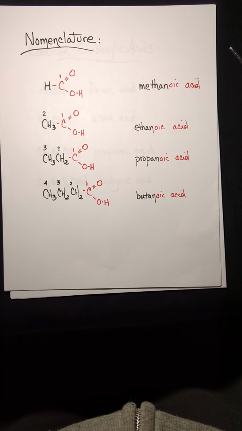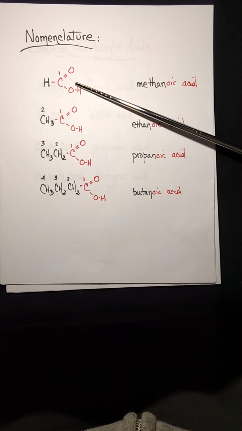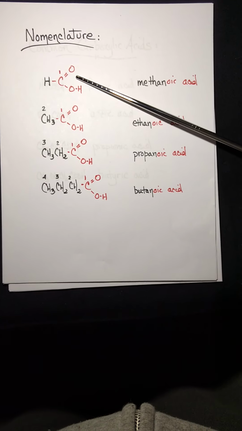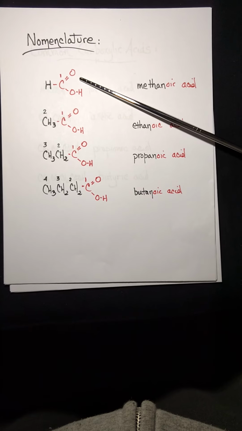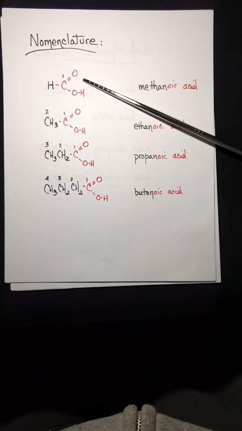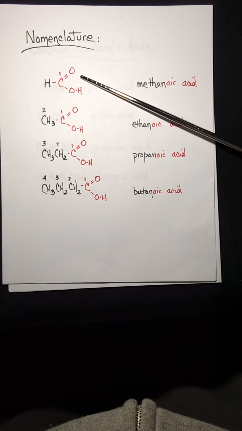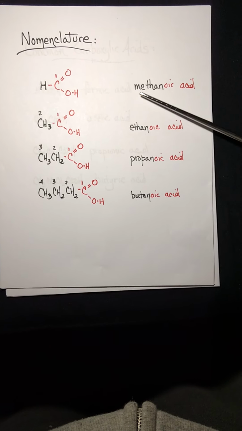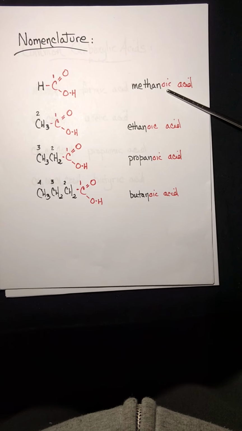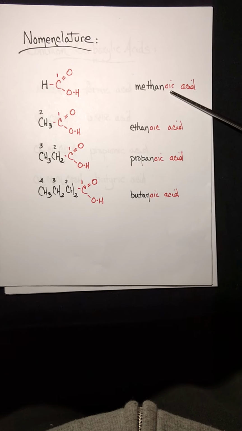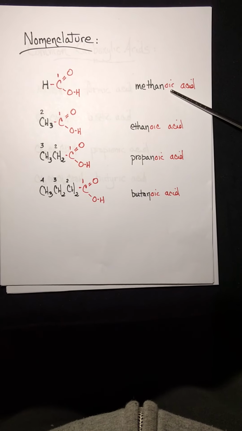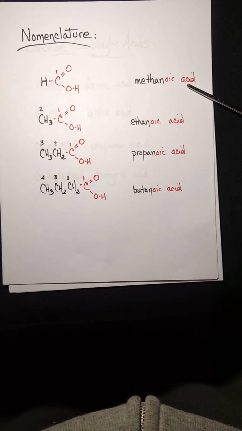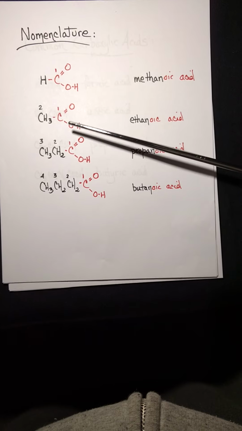carboxylic acid. Now, if we look at the 1 carbon, if I compare this to a 1 carbon alkane, which of course is methane, I would drop the final E from methane and add the suffix oic. So methane becomes methanoic, and we tack on the word acid. So methanoic acid.